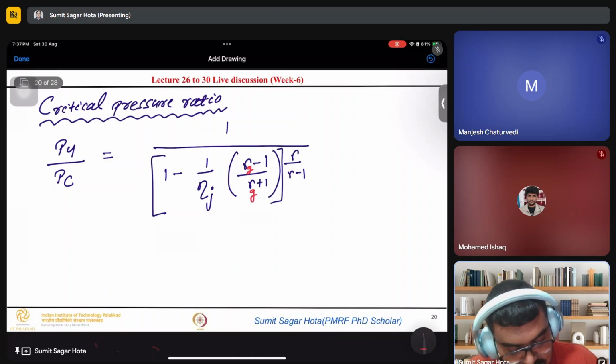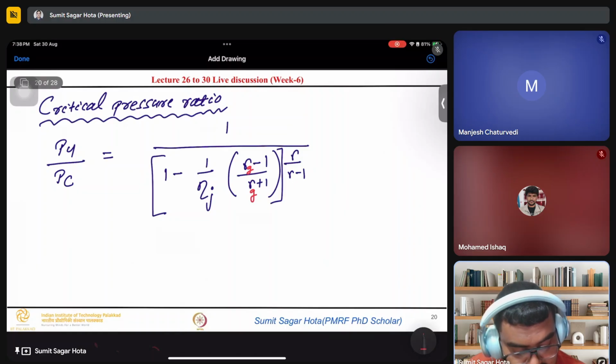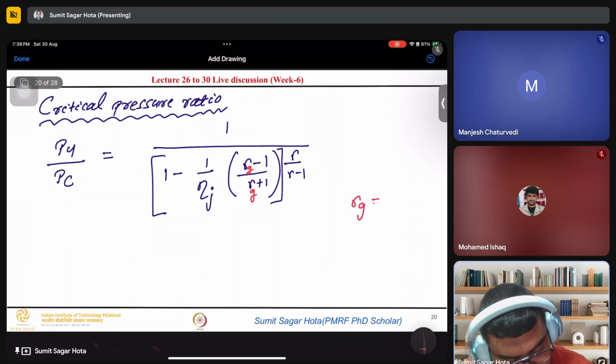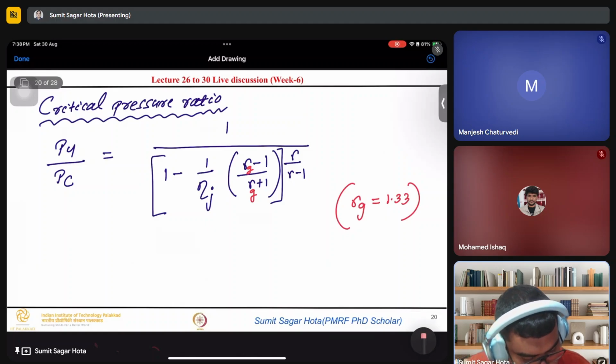Because after the turbine only the gas will come to the nozzle, whatever condition of gamma you are taking for the turbine, the same condition you have to use for the nozzle. So here we see what the gas is. Now it will become a monoatomic gas, so the gamma G will be 1.33. And what is eta J?